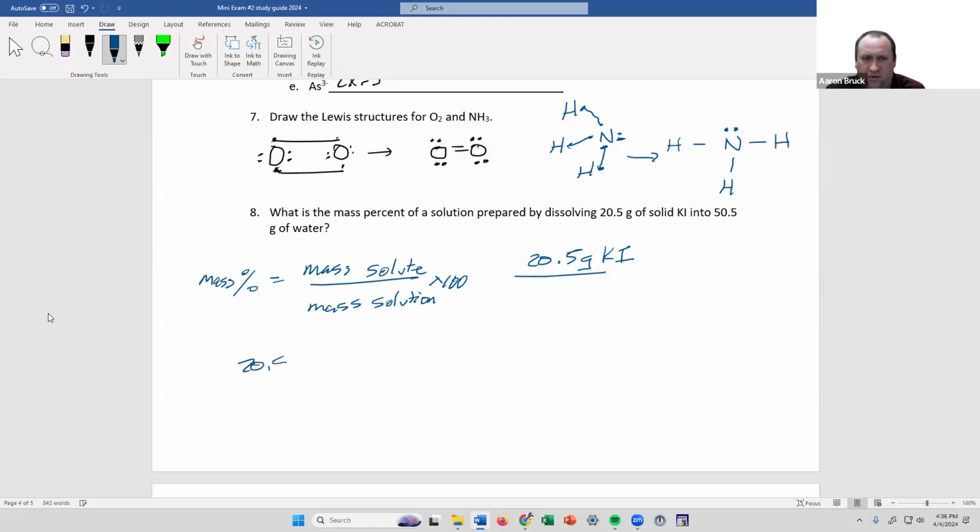So 20.5 plus 50.5 would give us 71.0 grams of solution.